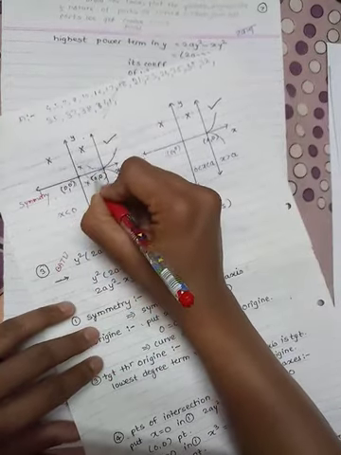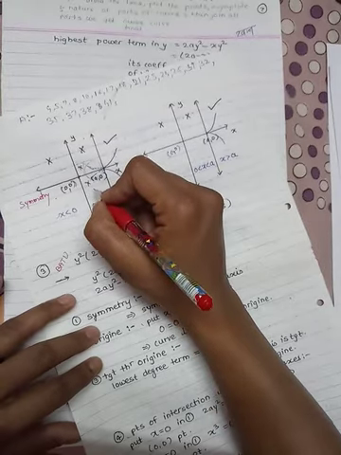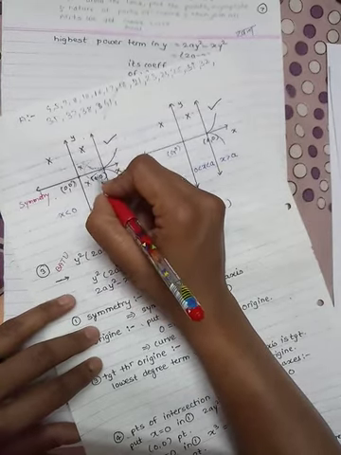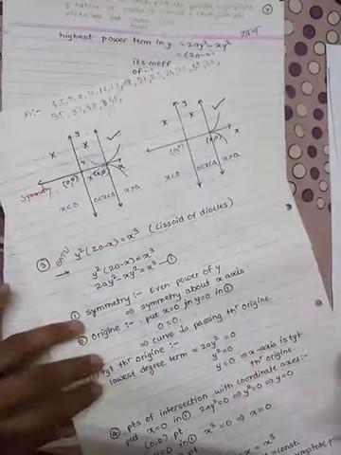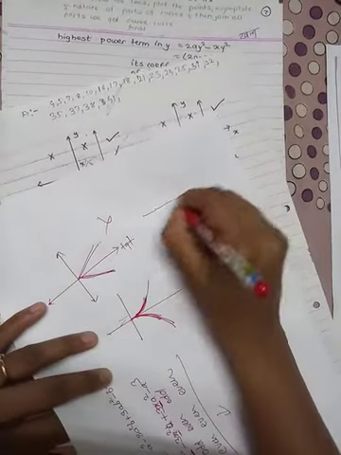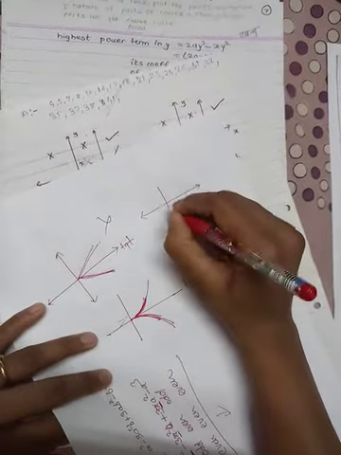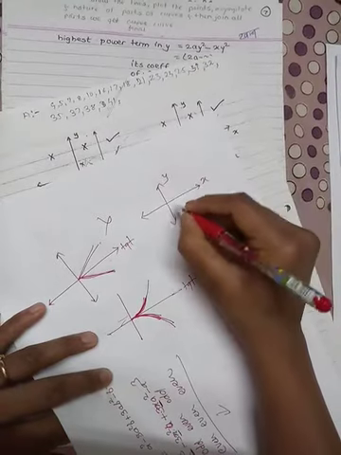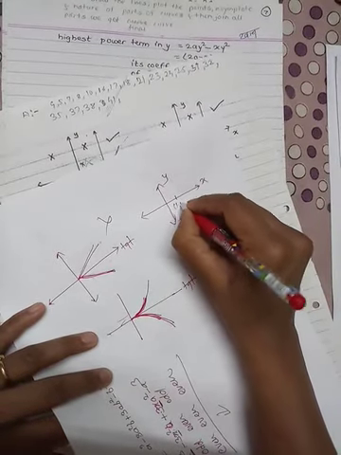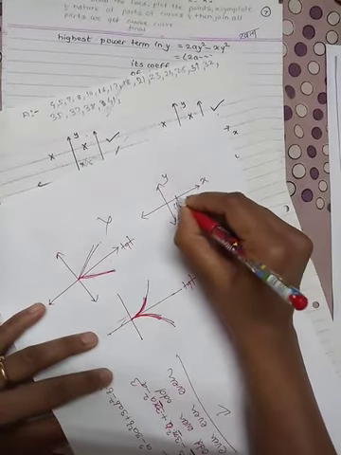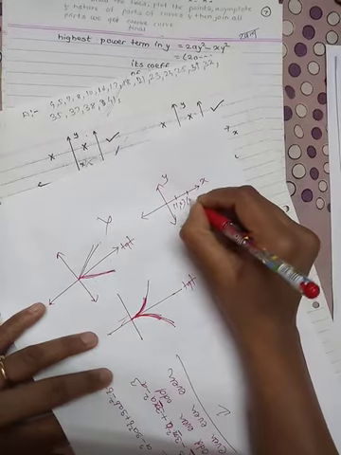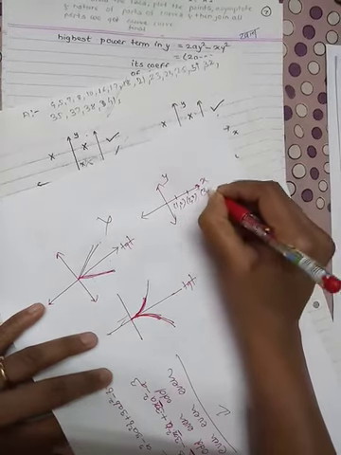So the (0, 0) point is there, then the point of intersection is (a, 0). Here the (a, 0) point is a general point, and you know the (a, 0) point lies on the x-axis. So this is the x-axis, this is the y-axis. So this is the (1, 0) point, and at the same distance this is the (2, 0) point, (3, 0) point.